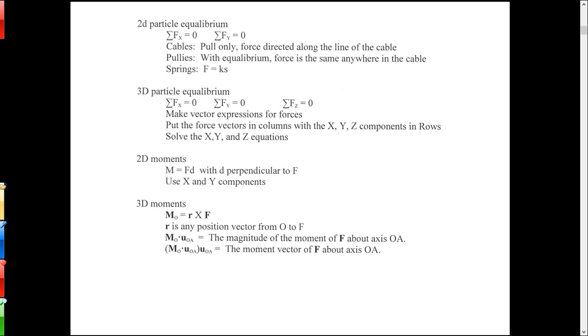And then the next one, find the moment of FAB about point C. How are you going to do that? Yeah, a cross, do a cross. So that should be in your head when you get here on the test. You don't want to be scratching your head figuring it out. You want to know those things.